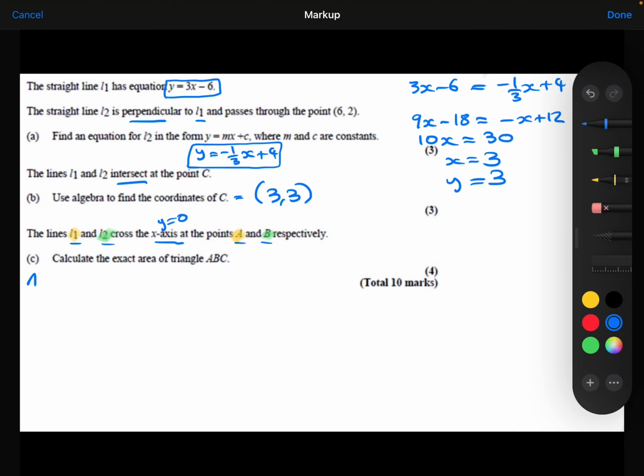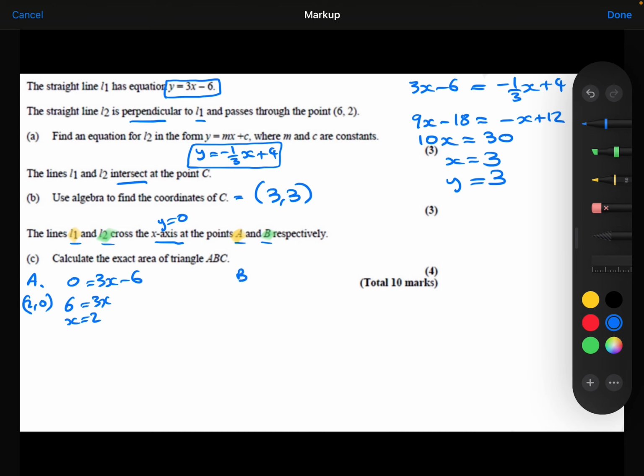So for point A, we're going to take the L1 equation and make the y 0. So x is 2. So point A is the coordinate (2, 0).